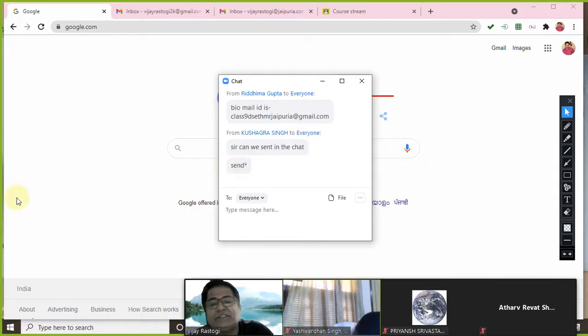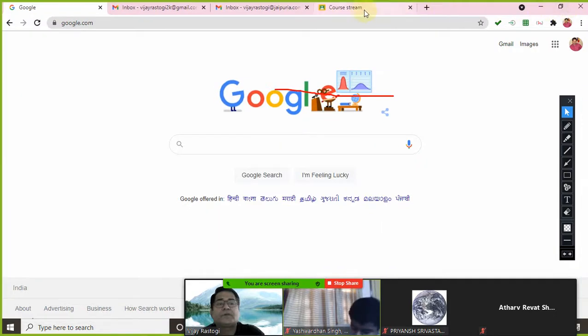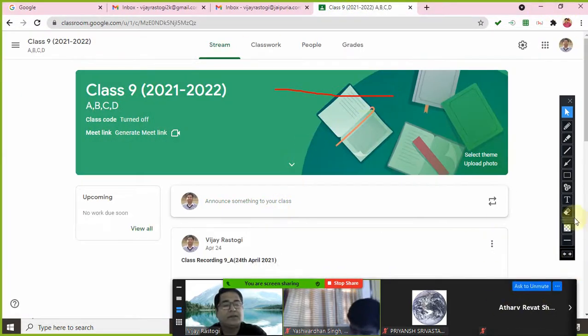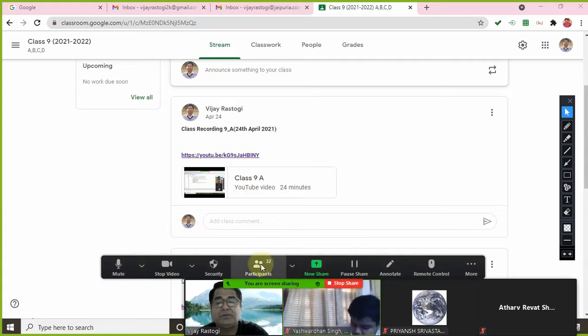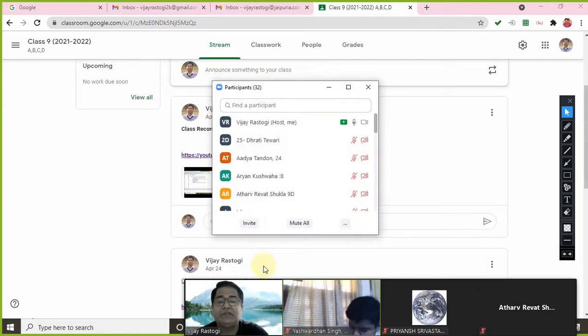No, beta, don't send in the chat, please. Kushal, you can post in the GCR. This is the correct way, because here I can tell you the mistakes also. But after posting, please let me know. Those who are comfortable to post in the chat box can share in the chat box also, but it is always better to send the solution in the GCR.